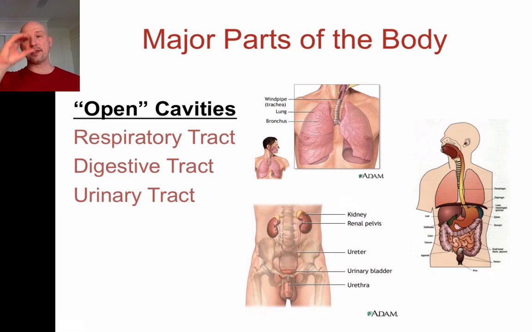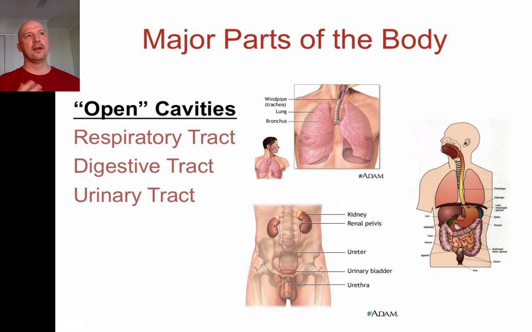The respiratory tract is one of those spaces as well, because we can breathe in, it goes into the lungs, and it comes out. And the urinary tract is another one. And why do we care about the open cavities? It's because there's an opening from the outside where bacteria can get into warm, moist environments, often with a lot of nutrition that they can get to, and that's where we get infections.